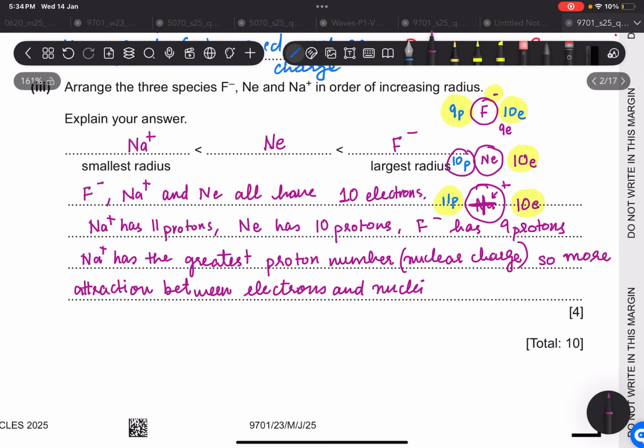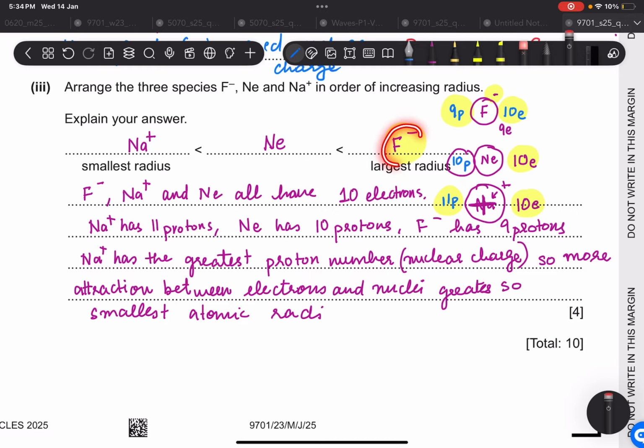Now we're going to write that attraction between electrons and nuclei is greatest, so smallest atomic radii. Or you could give a reverse argument, which is that the fluoride has the fewer number of protons, so the largest atomic radii.